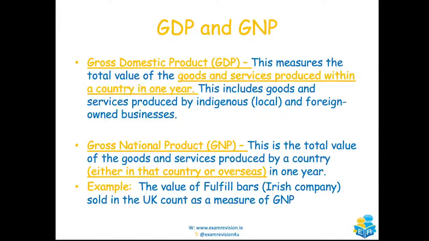So GDP just measures the value of the goods and services that are produced within that country, whereas GNP looks at Irish goods and services produced by a country and which are sold either in that country or also overseas. So that's why Fulfill would count as GNP rather than GDP.